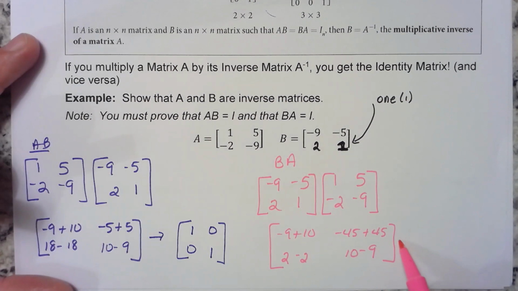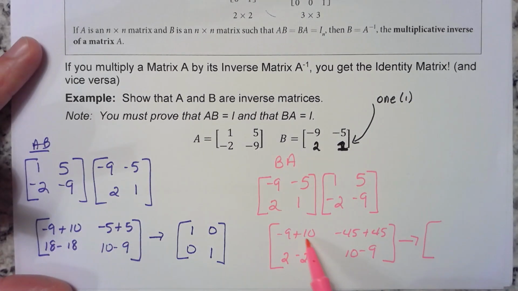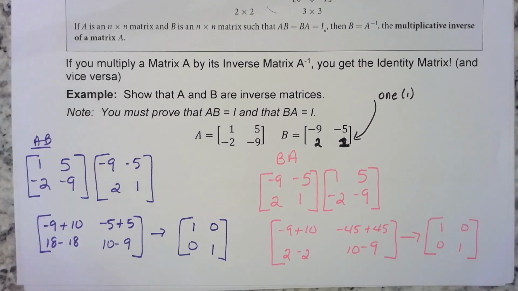That's 1, 0, 0, 1. So we have shown that A and B are inverse matrices.